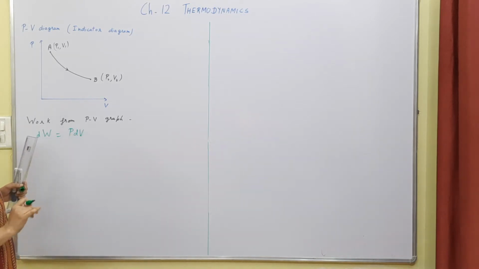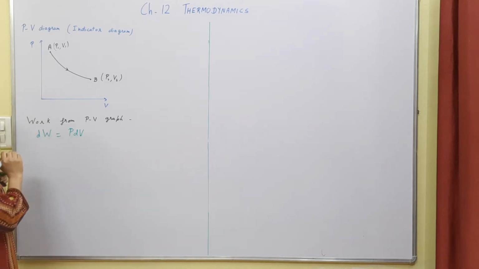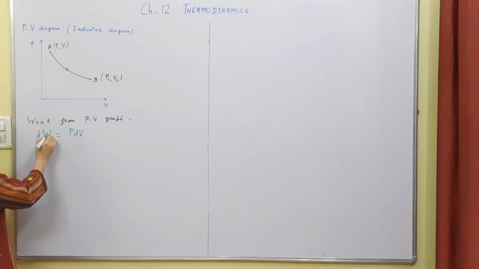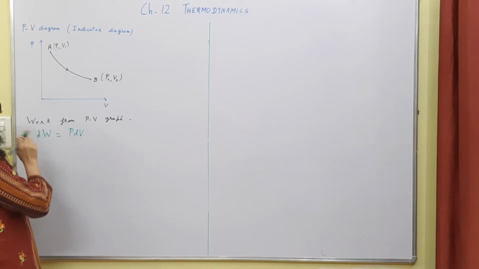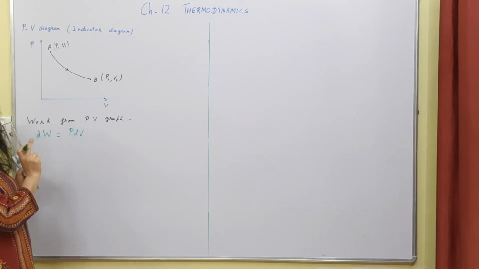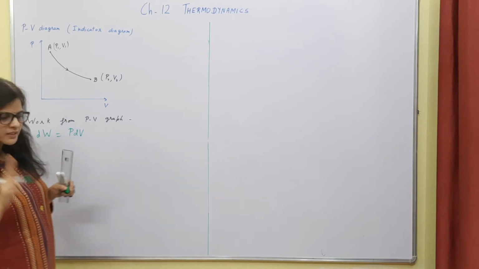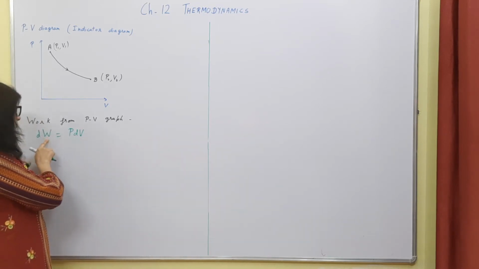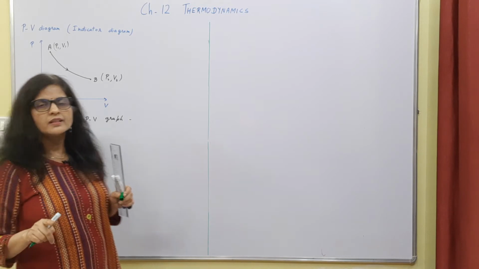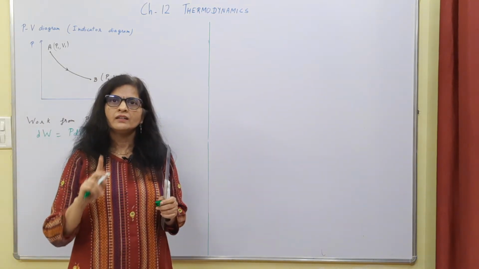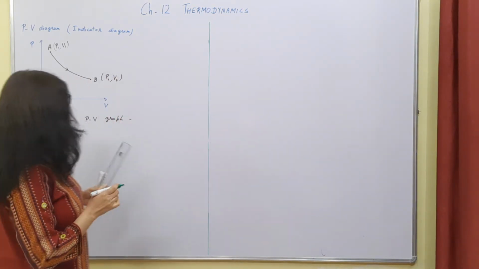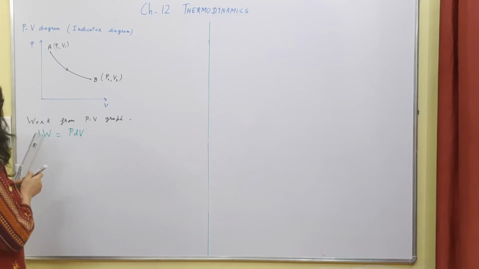We have studied this. Here dW is PdV. If we calculate PdV, on one axis we have pressure and on the other axis we have volume. If we multiply these two quantities, we get work. That means the area will give us the work. This is one thing which you must get.